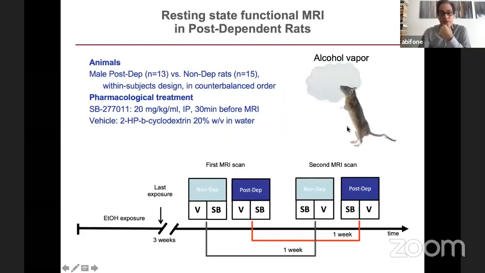This is an interesting rat model in which rats that normally hate alcohol and don't drink it because they dislike it profoundly, are exposed to alcohol vapor, and just by breathing alcohol for a short while, they become strongly addicted to alcohol. So that's an indication of how addictive this substance can be.